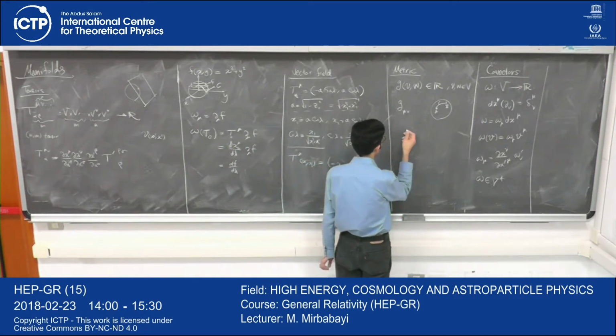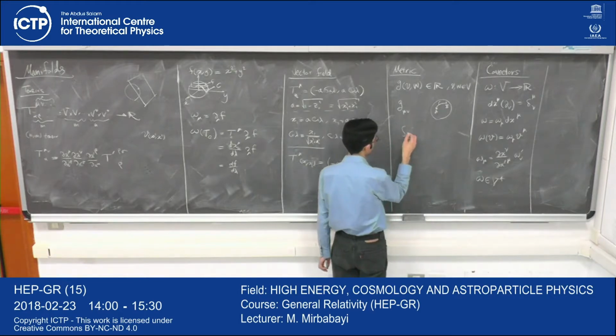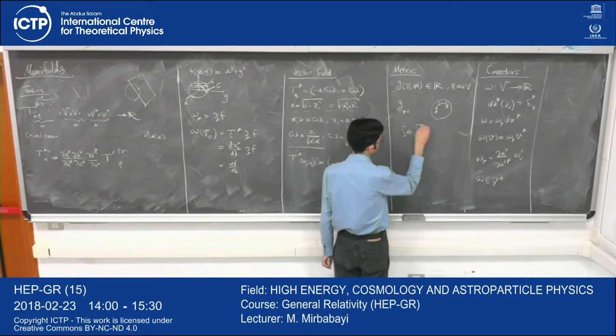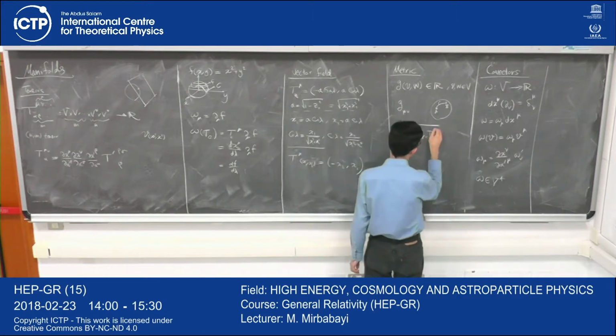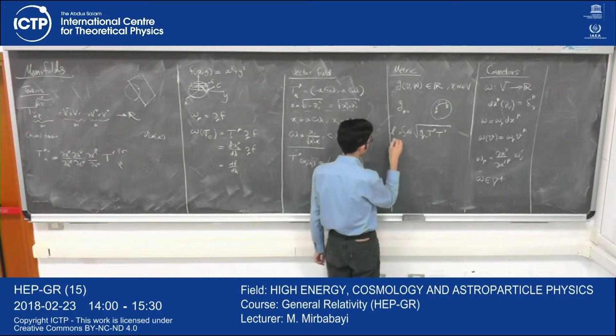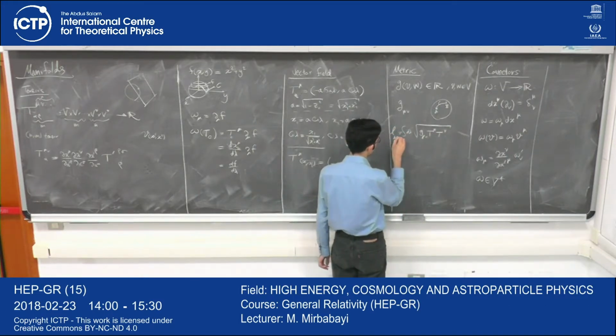And that would be just taking the integral d lambda, the square root of g mu nu times t mu t nu. So that would be L_AB along the curve C.